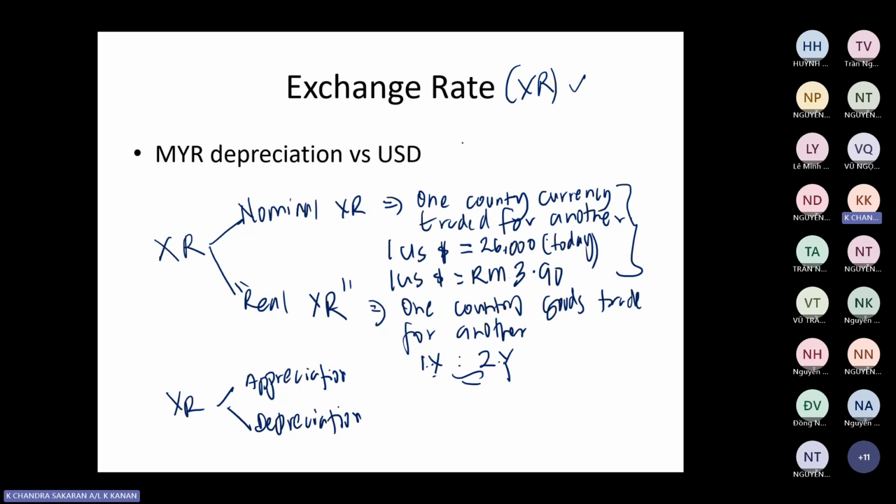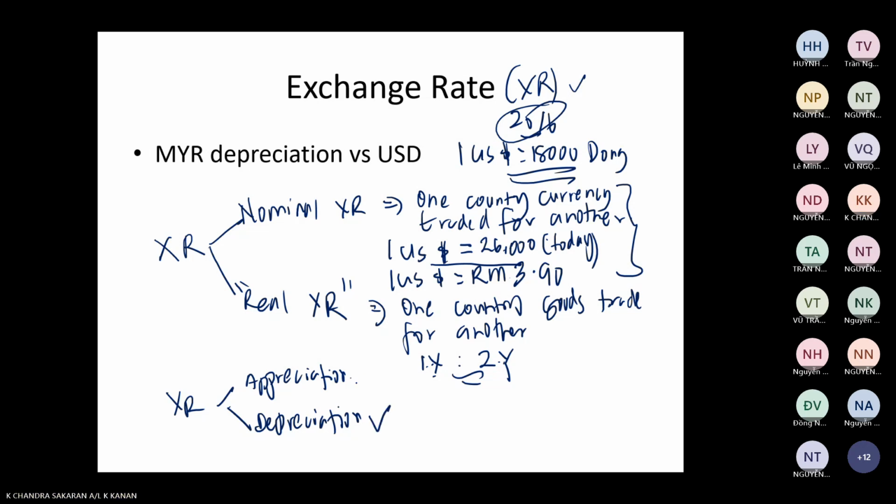Maybe 10 years ago, 2016, $1 was 18,000 dong. So in 2016 the rate was like that, and today it is like this. That means the Vietnamese currency has depreciated, but the US dollar has appreciated. So that is the term appreciation and depreciation.